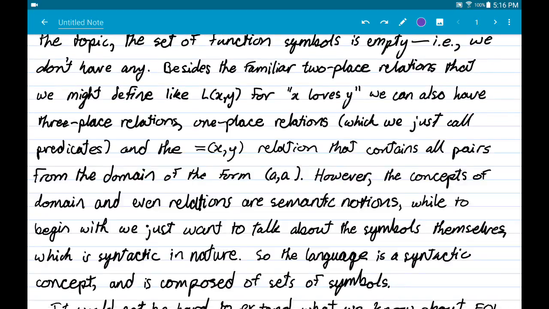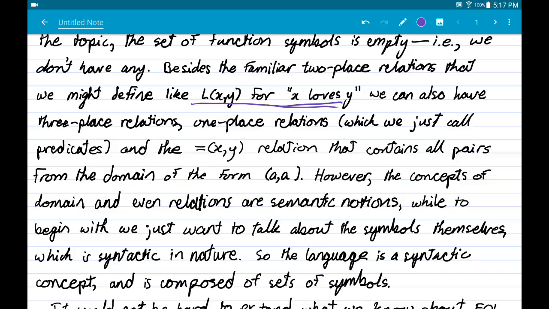But you will be familiar with having, say, a relation L(x, y), which in first-order logic might have been used to express x loves y.